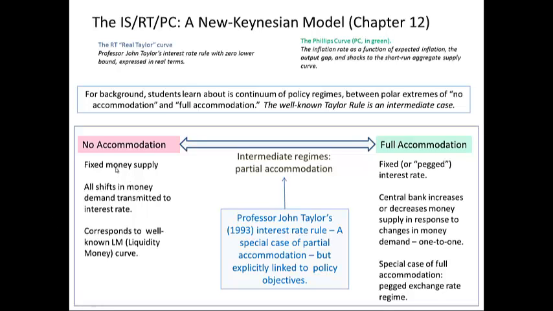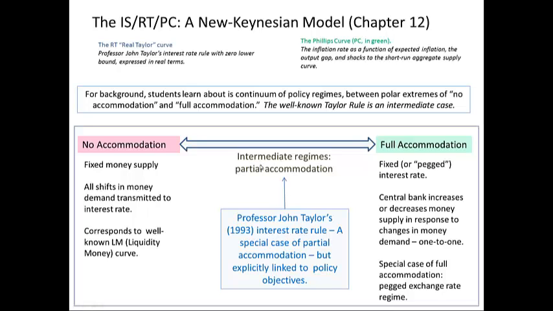The money supply is assumed to be held fixed. This case corresponds to the well-known LM curve that is used in many textbooks. Over here, the central bank is assumed to be pegging the interest rate under a regime of full accommodation. We'll need to know about this when we talk about the open economy and a pegged exchange rate regime.